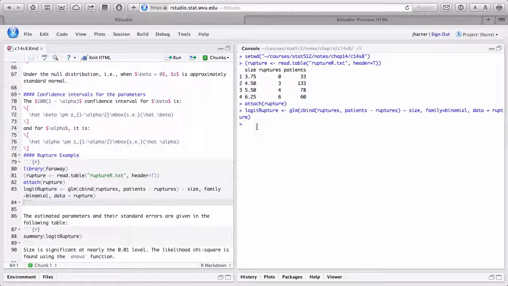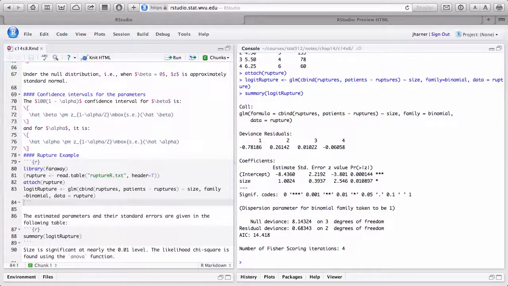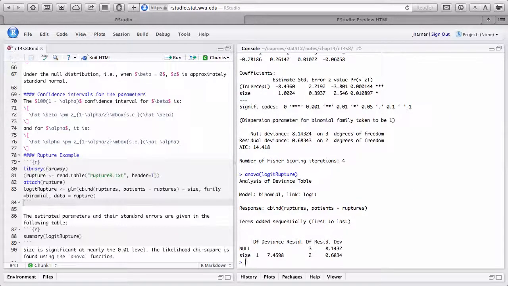I did a summary of logit rupture, and that's what we had, but I could also do ANOVA on logit rupture. Okay. And in this case, it gives that residual deviance.